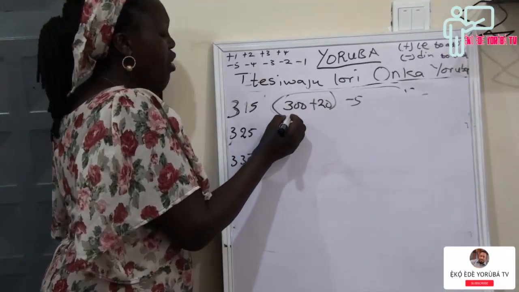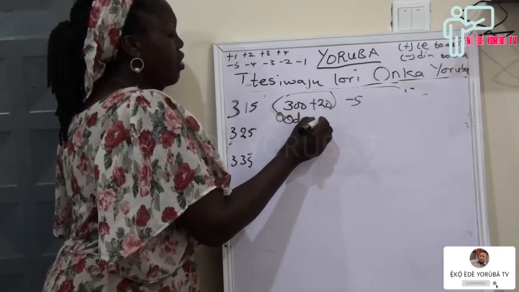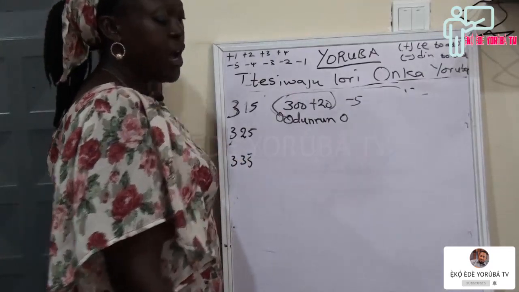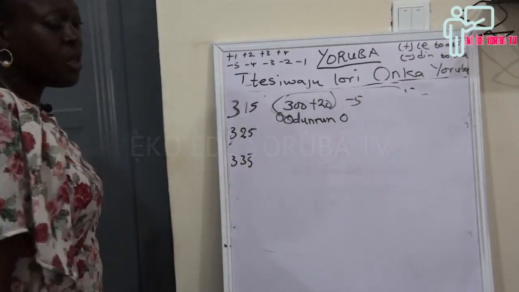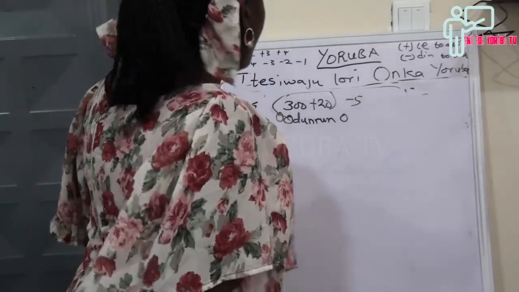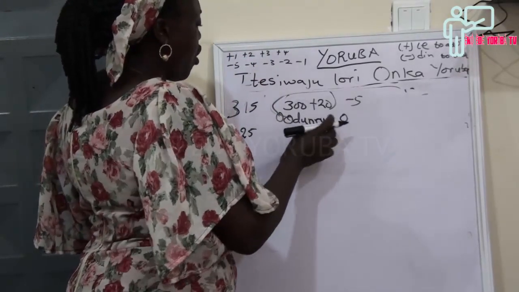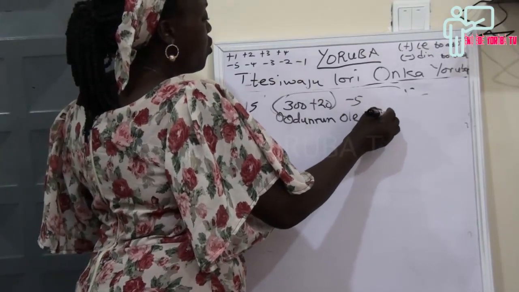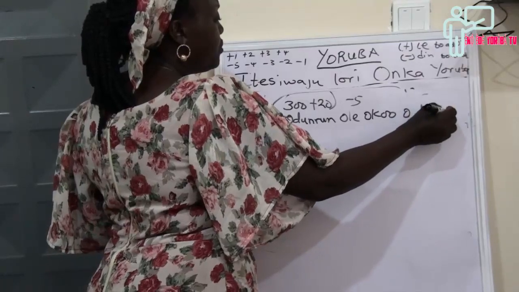So it's now become ọ̀ọ́dúnrún ó lé okòó. You know, I said that 20 is oko. 20 is oko. So we now say 315 we now say ọ̀ọ́dúnrún ó lé okòó ó dín márùn-ún.